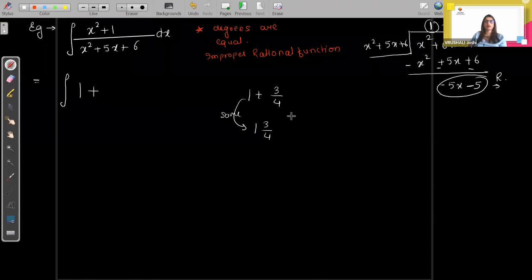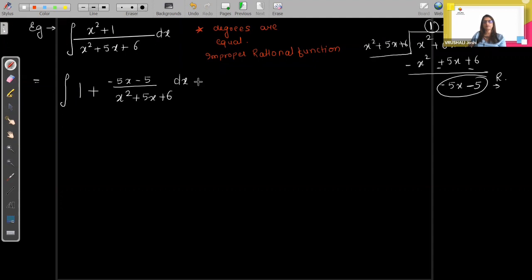I hope all of you know that. 4 ones are 4 and 4 plus 3 will give you 7 by 4, and here also 7 by 4 will come. So it's the same concept here. So when you write the quotient-remainder-divisor form, you write 1 plus minus 5x minus 5 divided by x square plus 5x plus 6 dx. Correct?